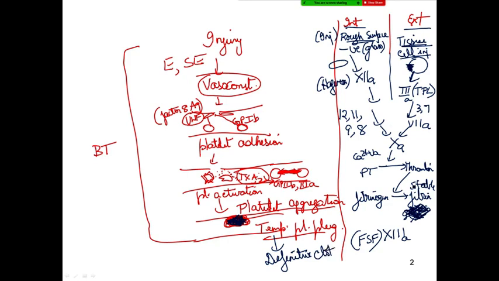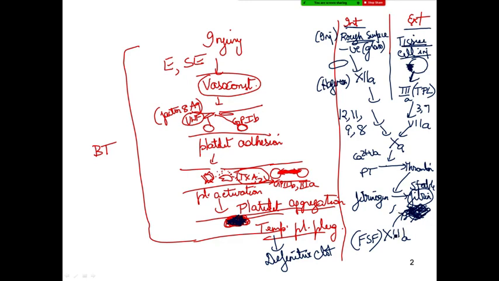Dr. Prakash, I have a question. Yes? Is factor 13 a direct factor of the common pathway? It acts independently, because a clot by definition is formation of fibrin. Even when one fibrin strand is formed, we conclude that the clot has formed. So what is the function of factor 13?